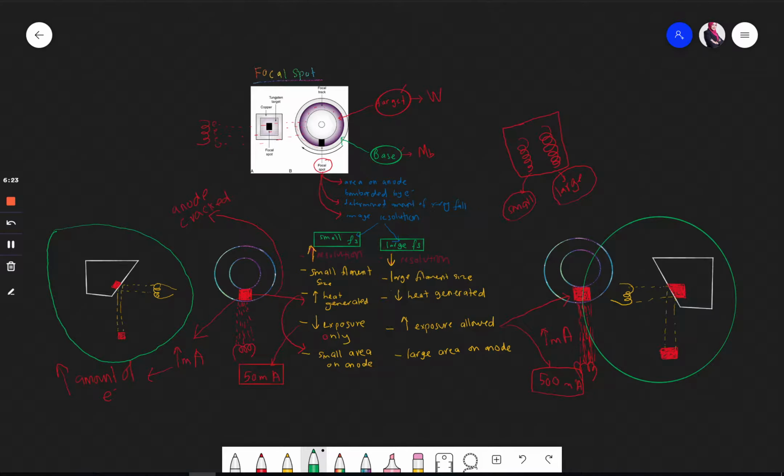The filament is a small-size filament that bombards electrons towards the anode, and then we have a small focus spot size at the anode target. And this is the X-ray generated. This is the electron. So the size of the X-ray that falls onto the detector will be small.